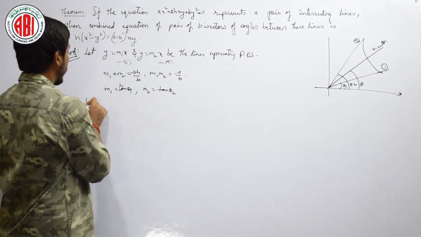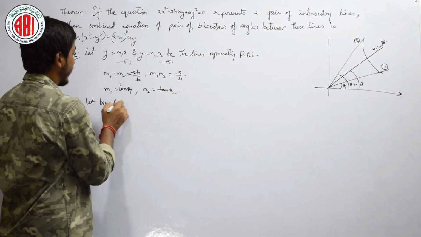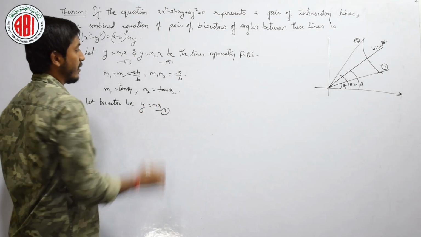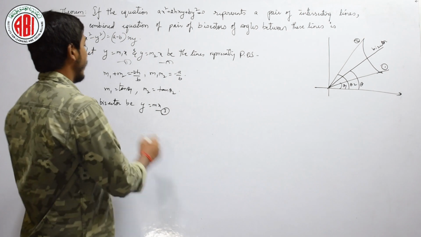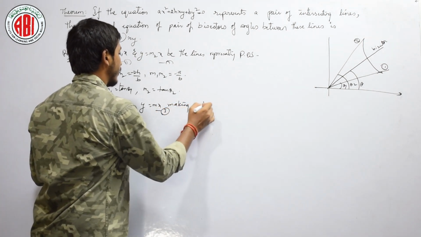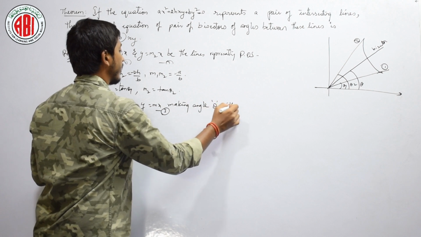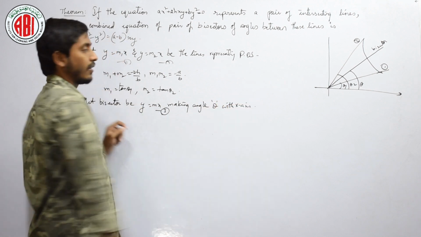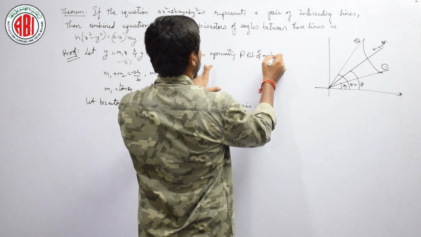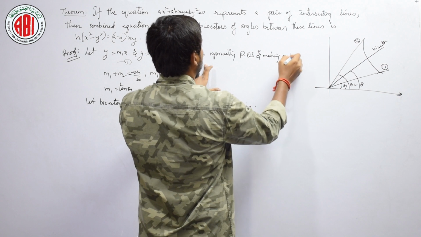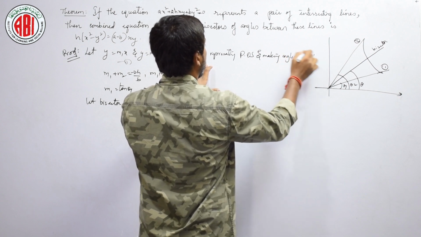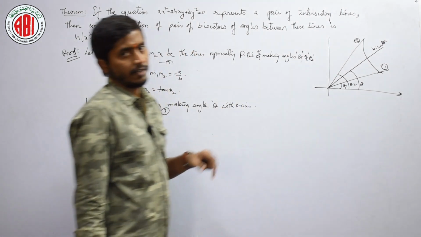Let us assume, let the bisector be y equal to mx, let us assume it to be 3, okay. Then let us assume it is also making angle theta with the x axis. Let us write this also here, and making angles theta 1 and theta 2 respectively, okay.